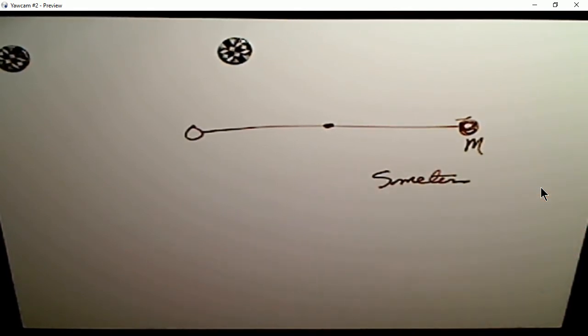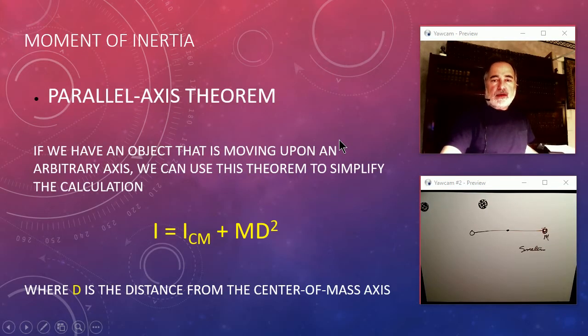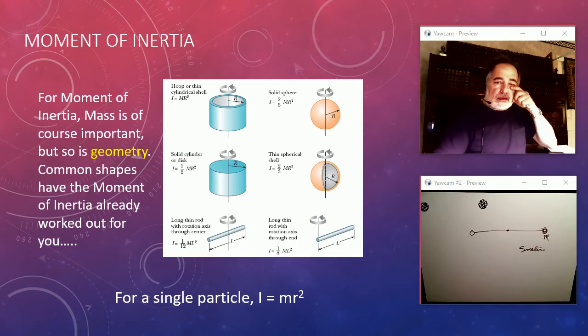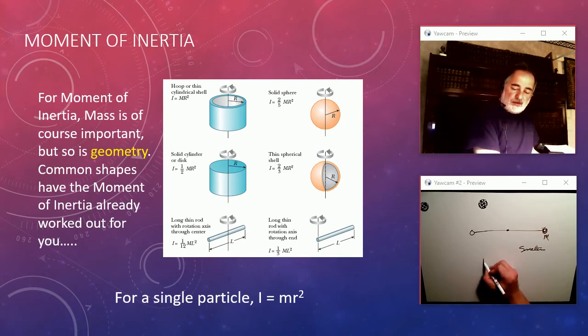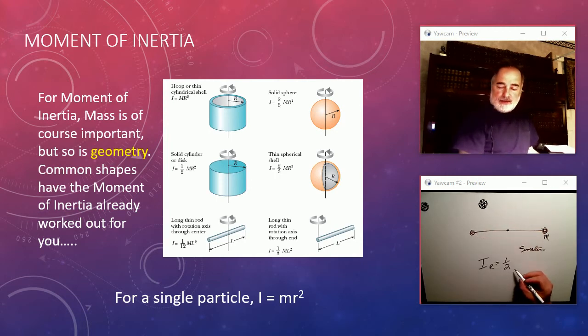Okay? Now if you remember, let's go back to that one slide. If we pivot off the center, the moment of inertia for that rod is equal to 1/12, excuse me, ml squared.